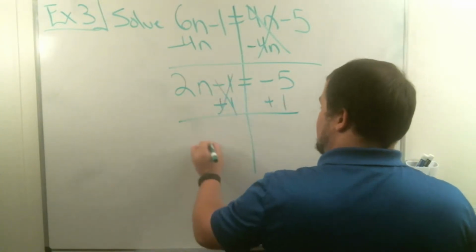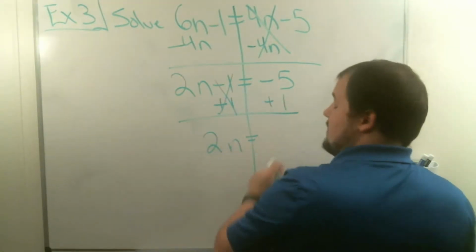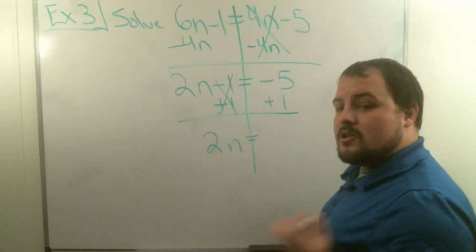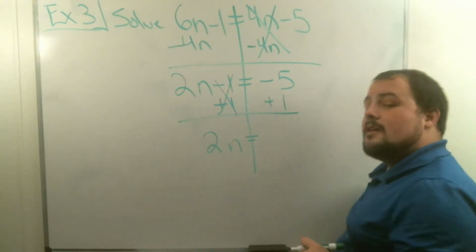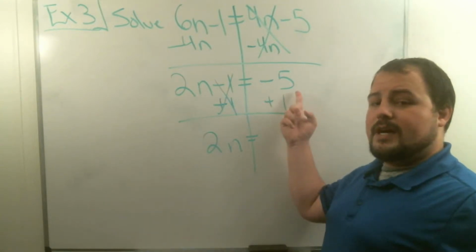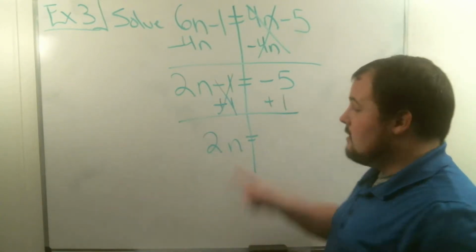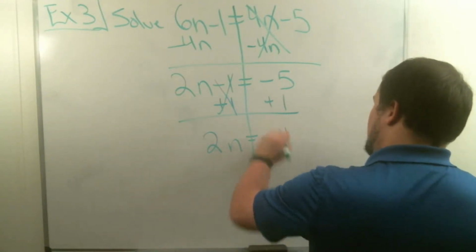This cancels out. We have 2n's equals negative 5 plus 1. Now, if you don't know this answer, you might want to type it in your calculator exactly how you see it. Negative 5 plus 1. I know that anytime the signs are opposite, I take the big number, 5, minus the small number, 1, get 4, and I keep the sign of the bigger number. So this is a negative 4.